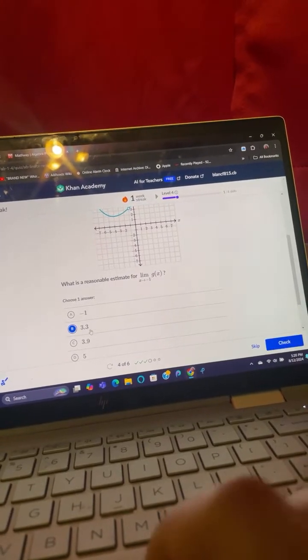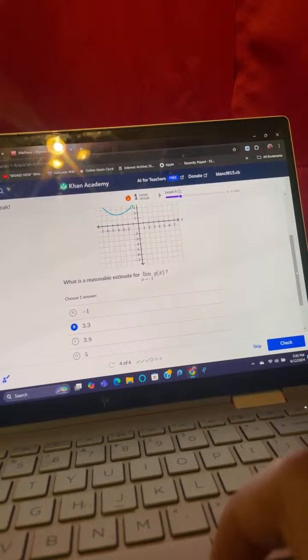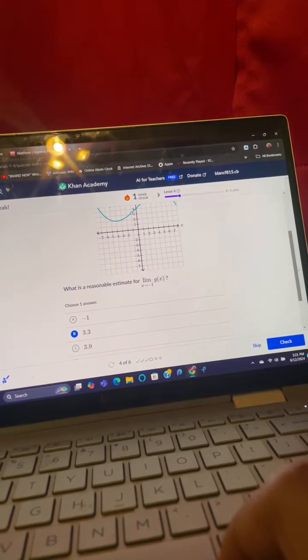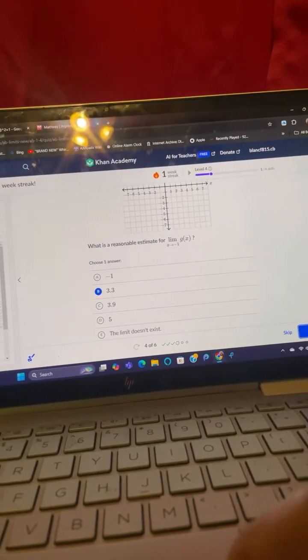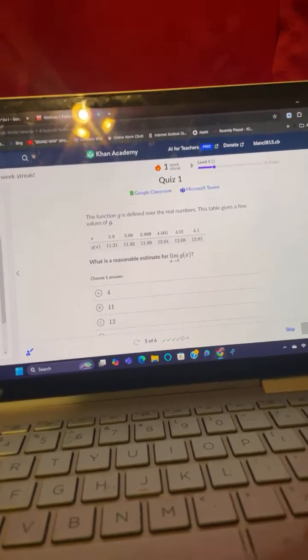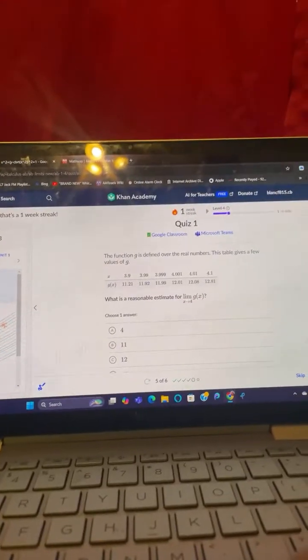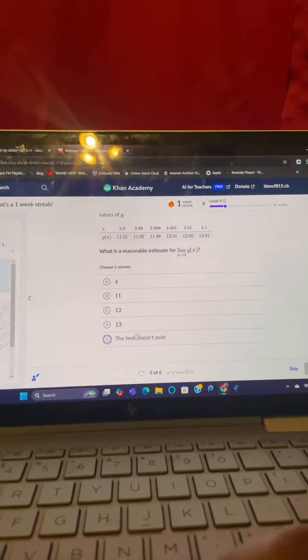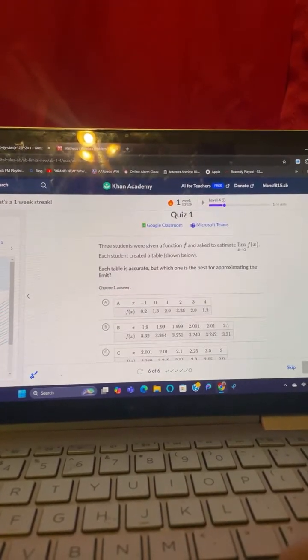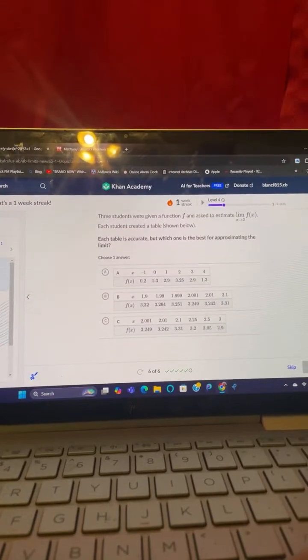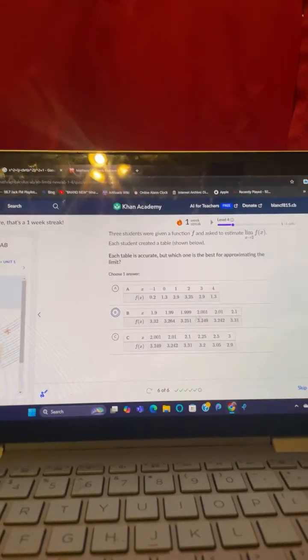I think there's 4. Ooh, -1. 3.3 sounds correct. Oh yeah, or sorry, 3.3. Yep. Okay, looks like it approaches 12. Okay, last question. It must approach from both directions.